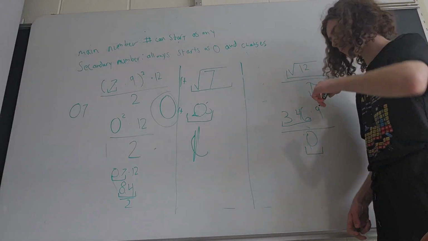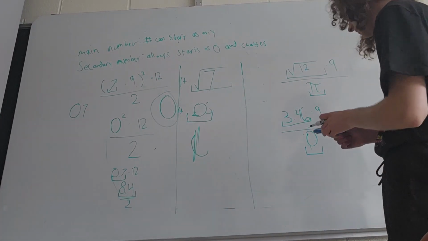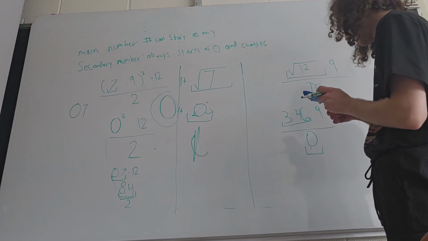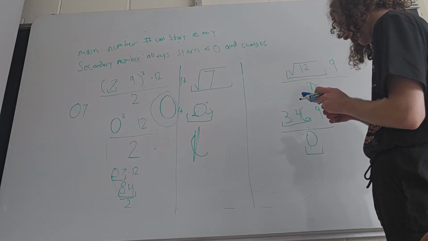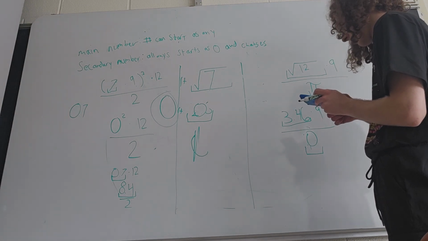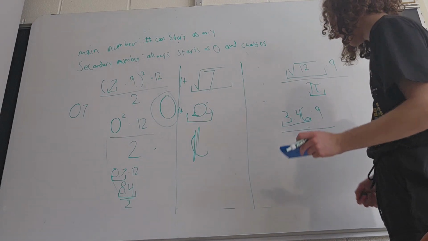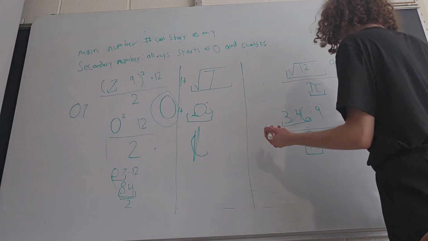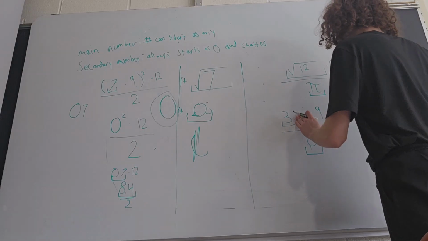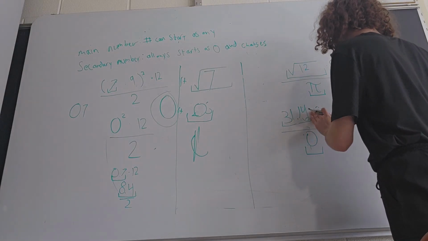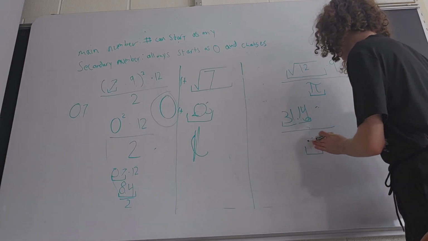So, now what is 3.46 times that? That is 31.14. So now, 31.14, and this swaps again.